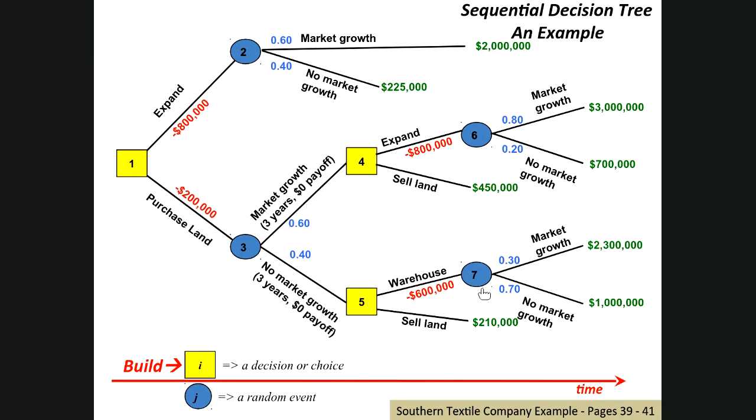So then the question is, this completes the building of our tree. And at the end of this tree, again, you'll notice there's a return. Sometimes, in this case, the returns are positive. Sometimes they're negative. But in every case that there's a random event, there's probabilities associated with that event, because we don't know the outcome.